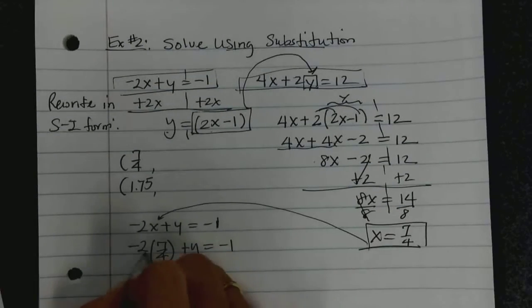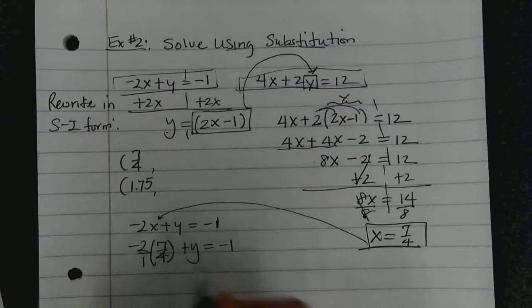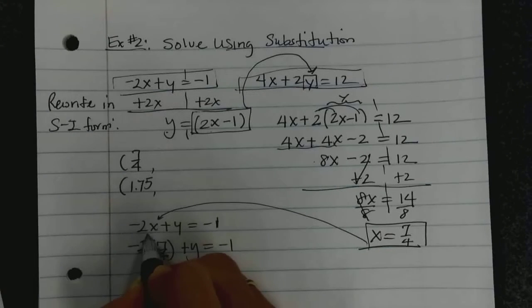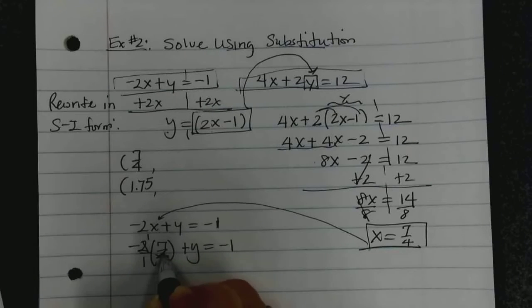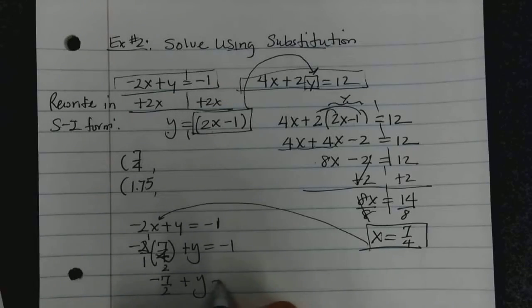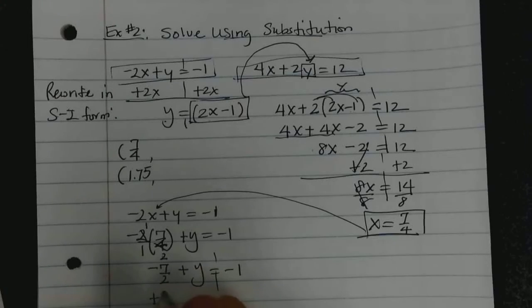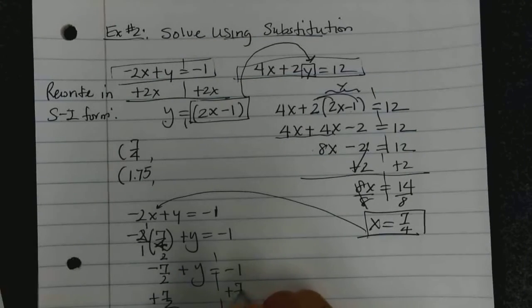And because this is a fraction, I'm going to rewrite that as a fraction. And if you noticed, 2 goes into 2 once, 2 goes into 4 twice, and then this reduces to negative 7 over 2 plus y equals negative 1. And then to solve for y, I'm going to add 7 over 2.